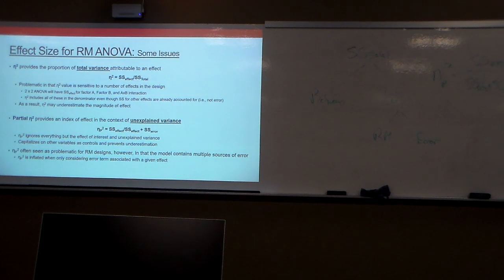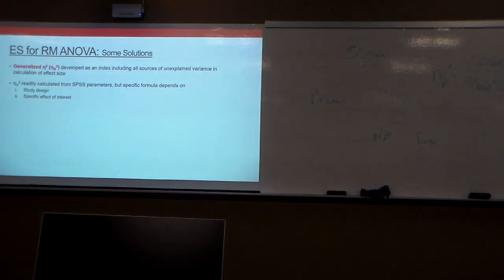Okay, so one of the options that has been put forward, and this is important for these types of studies, is calculating what we're going to call a generalized eta squared. Okay, generalized eta squared is an index that includes all sources of unexplained variance in the calculation.